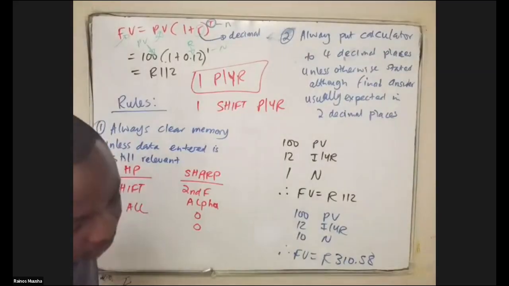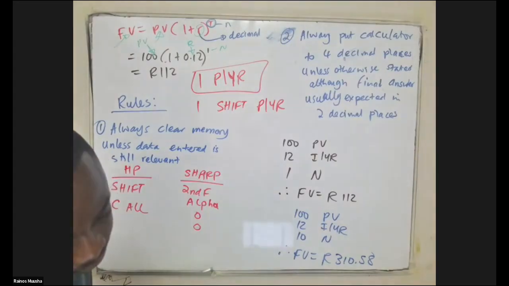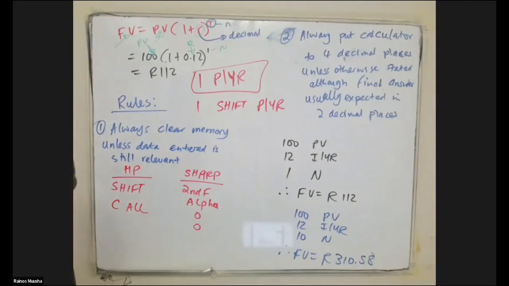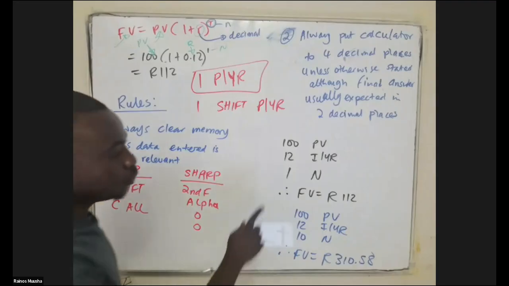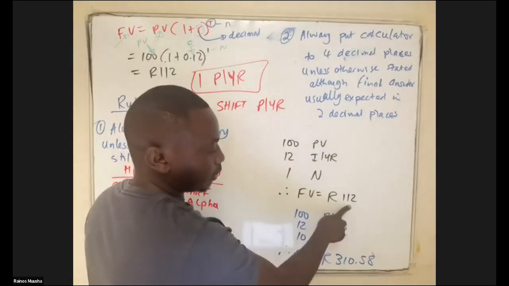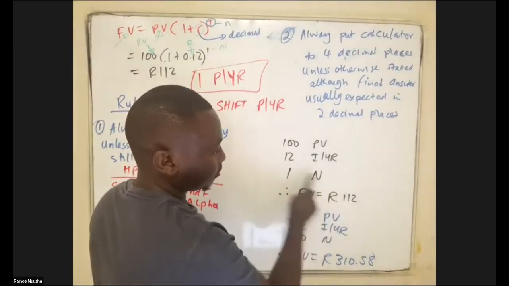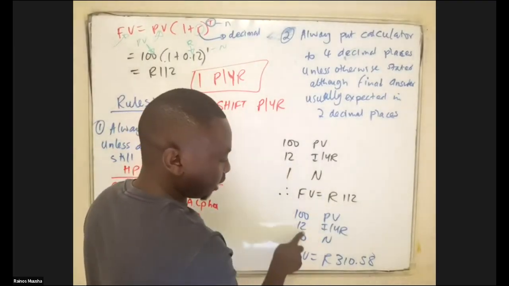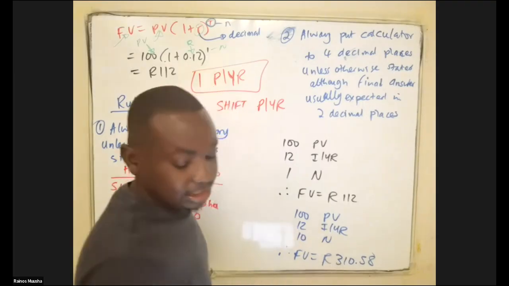Now, looking at this value, what is the general conclusion? Do you see that the more periods you go into the future, the higher your future value is? Because if you do it for only 1 year, the future value is 112, and if it's for 10 years, the future value is 310.